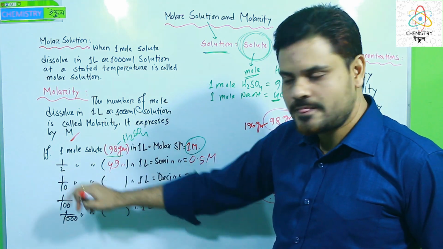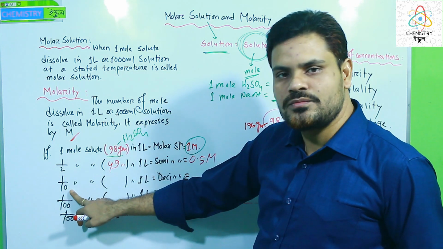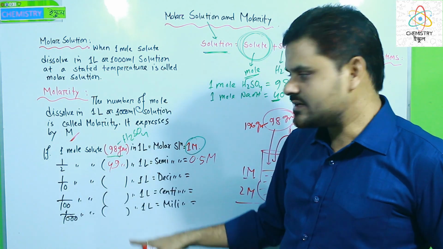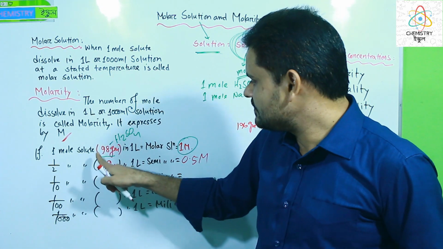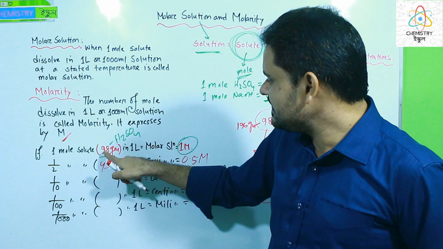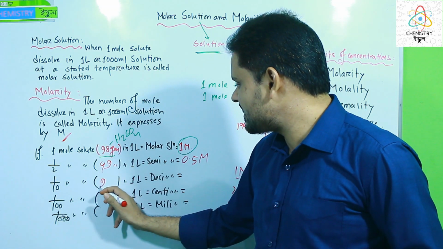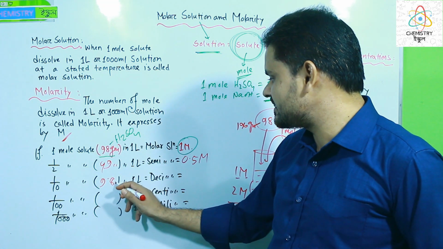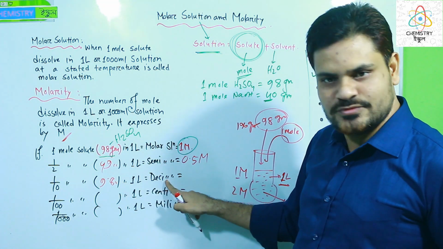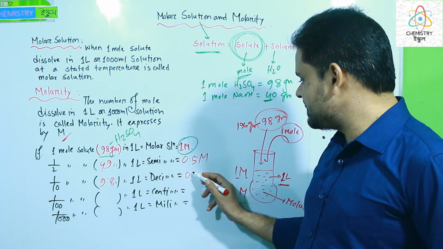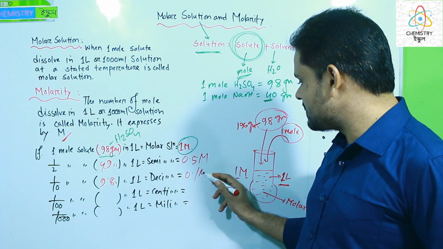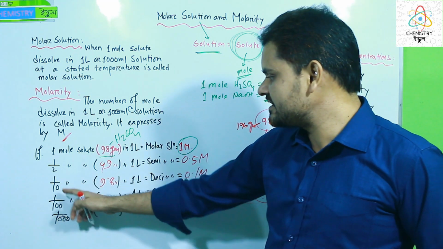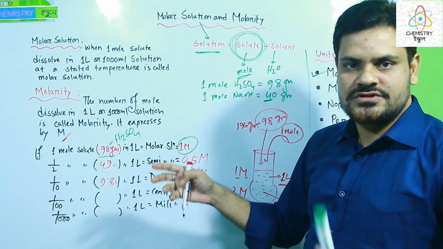As half mole. And if we dissolve 1/10 mole in 1 liter of sulfuric acid, what will be the result? 1/10 mole means 98/10, I mean 9.8 gram. When we dissolve 9.8 gram of sulfuric acid in 1 liter, it will be the decimolar solution and the molarity will be 0.1 molar because 1/10 mole of solute is dissolved there.